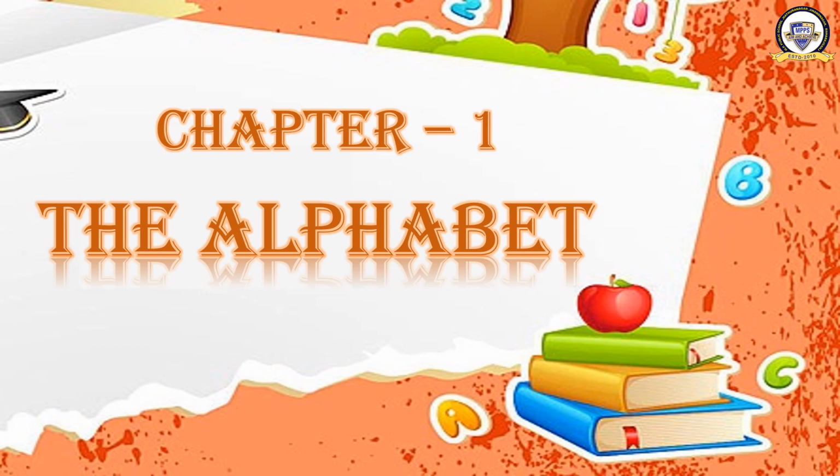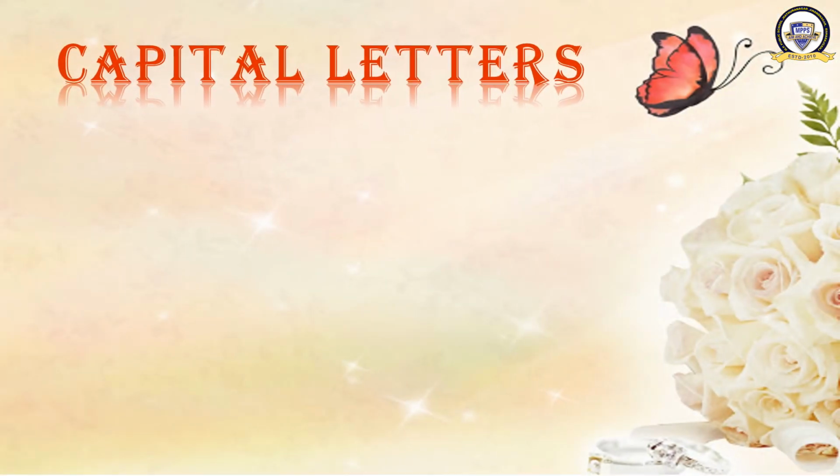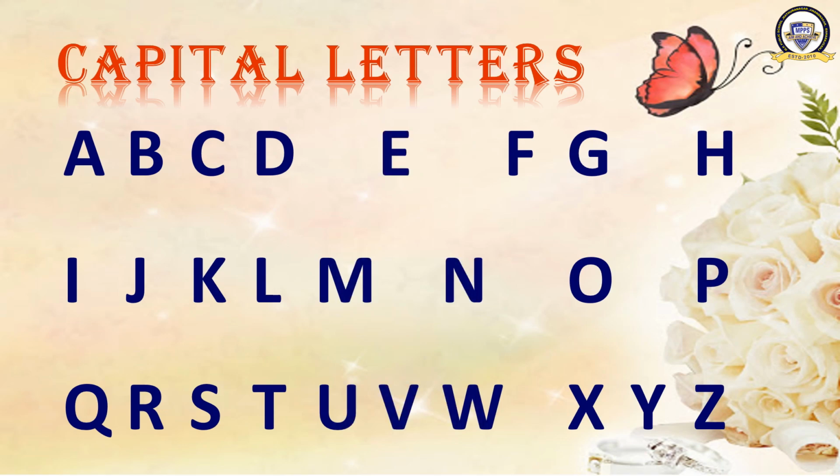So, first of all, we will start with capital letters. We are going to start capital letters. You know those capital letters A to Z. You know to read and to write, isn't it? Yes, very good. Now, then we will see the small letters.